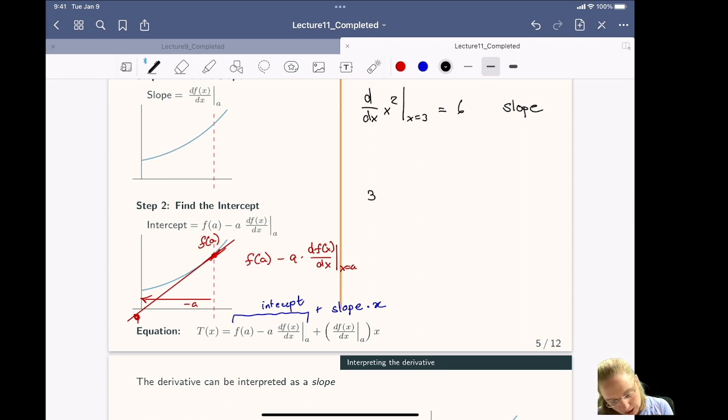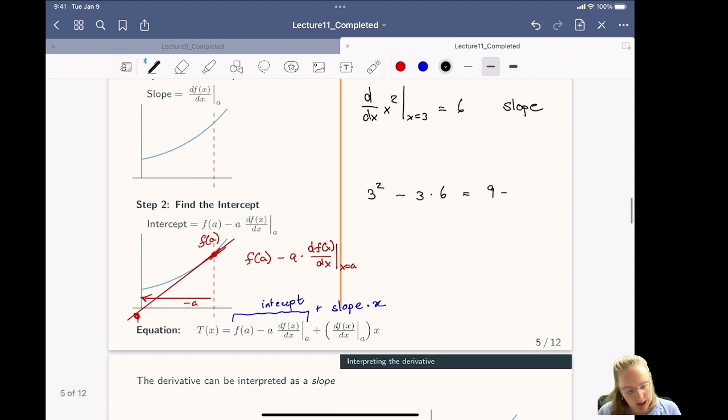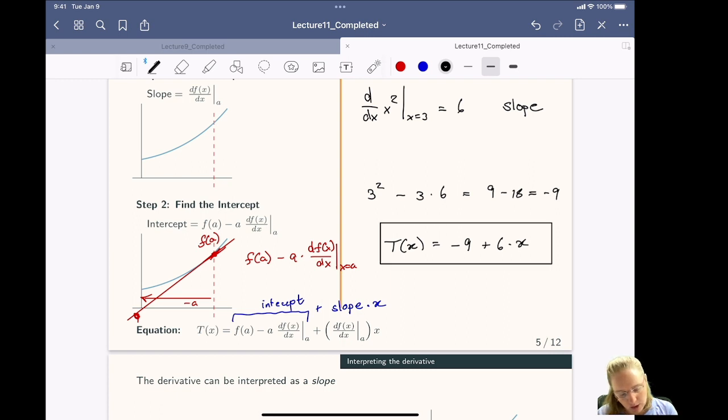That is simply 3 squared minus 3 times our derivative evaluated at a, which we had up above, which was 6. So we have 9 minus 3 times 6, which is 18, which gives us an intercept of minus 9, which means that our tangent line ends up having an intercept of minus 9 plus a slope of 6 times our independent variable. And this is the tangent line to the quadratic function x squared at the point x equals 3.